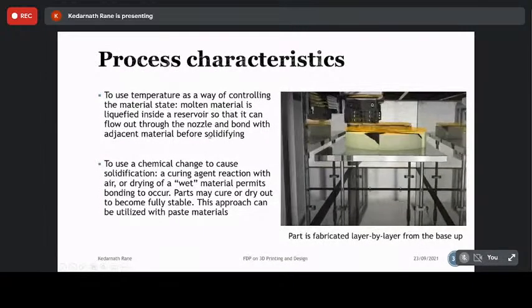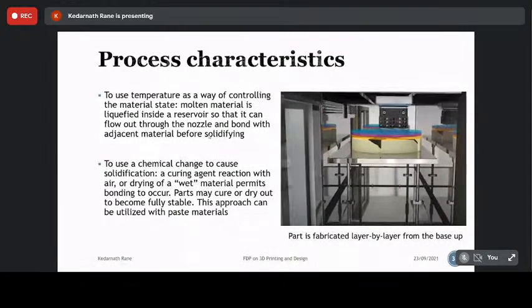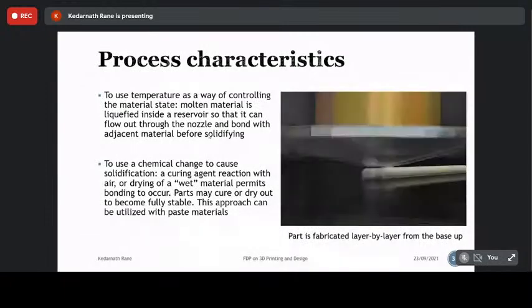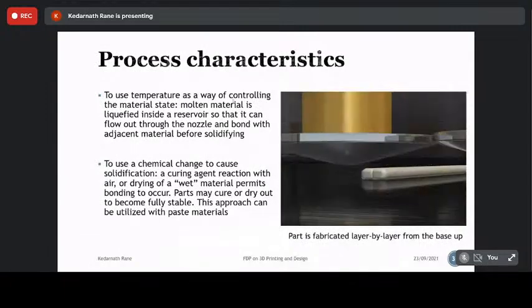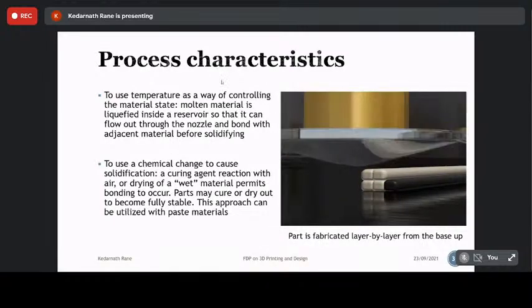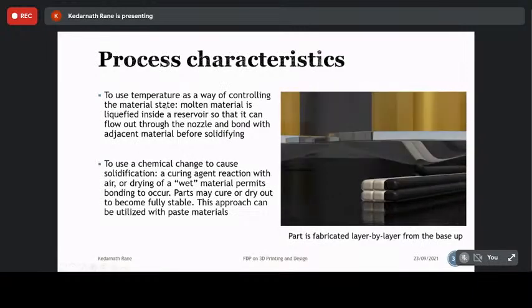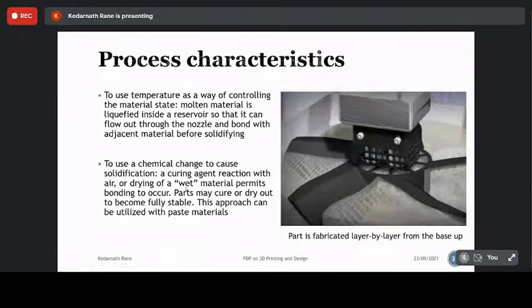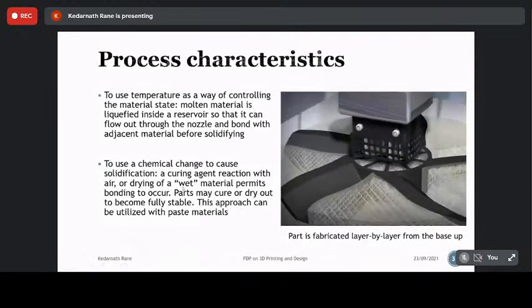It is very much influenced by the constituents of the material as well as the pressure that you are applying for extrusion. So the melt reservoir is also one of the criteria for this process. The next criterion is the change of phase during solidification.